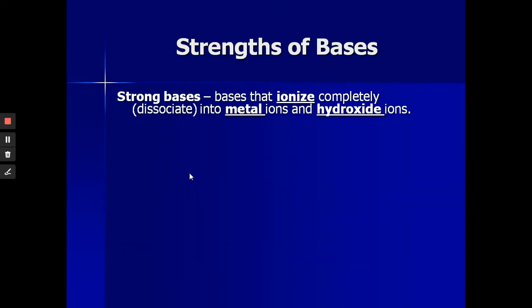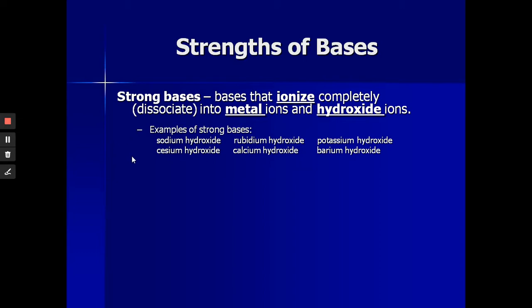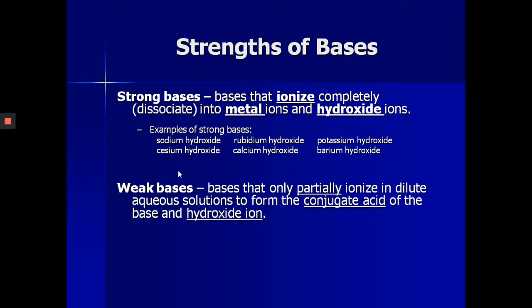Strengths of bases, the same thing. The strong bases will completely ionize and produce metal ions and hydroxide ions. And these are the 6 strong bases that you have to memorize, because everything else we are going to assume is a weak base. You just have to memorize these 6 strong bases and treat everything else as a weak base.